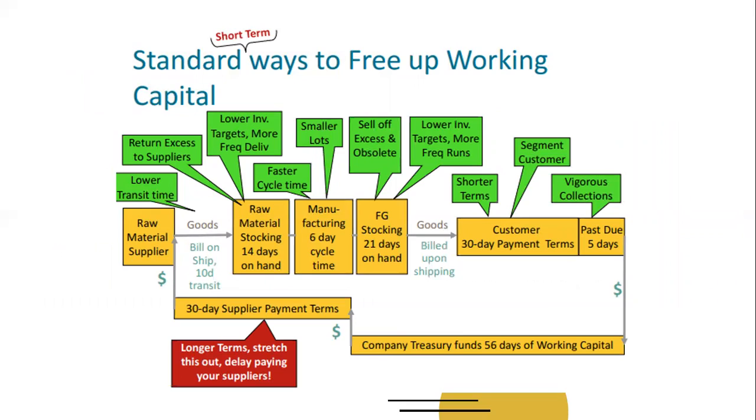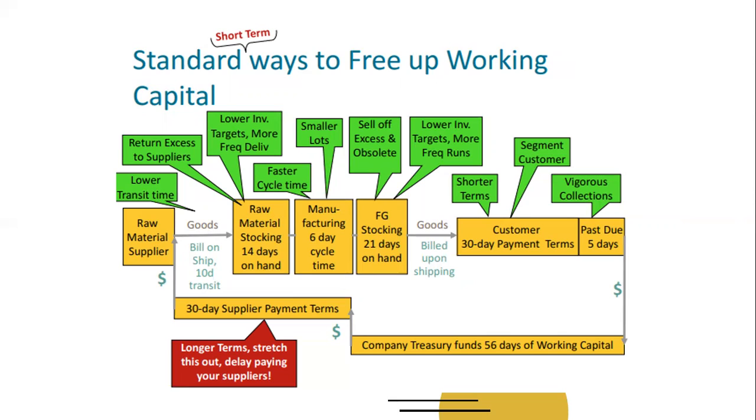Now, the question is, how can you free up your working capital? How can you improve your cash conversion cycle in the short run? There are lots of different ways. First of all, try and lower your transit time. The shipments, try and make sure that they reach as soon as possible. Lower your inventory, decrease your cycle time. Try and make your manufacturing as quick as possible.